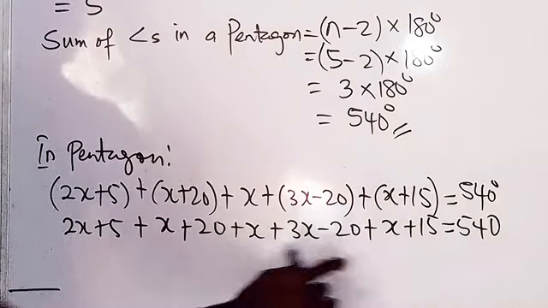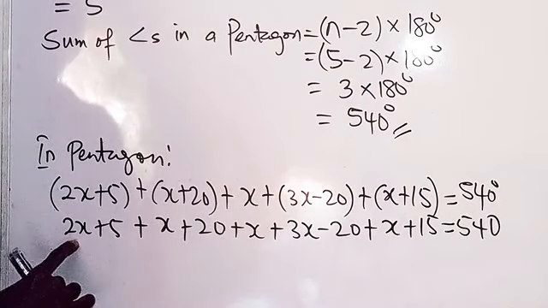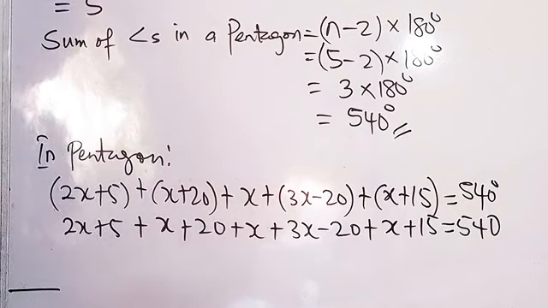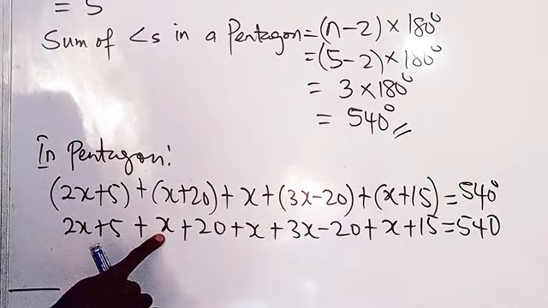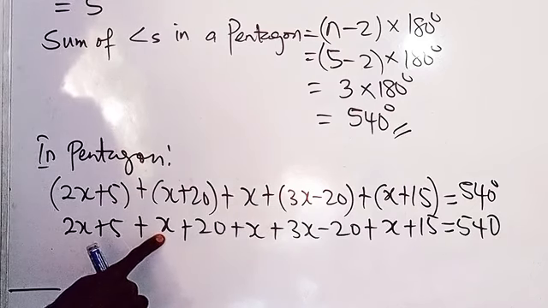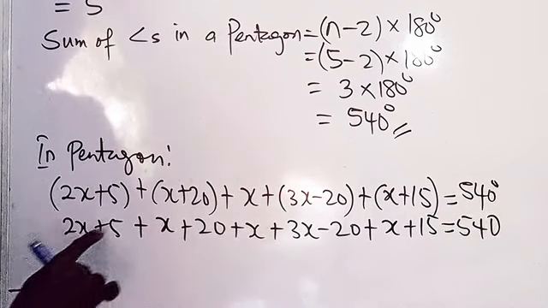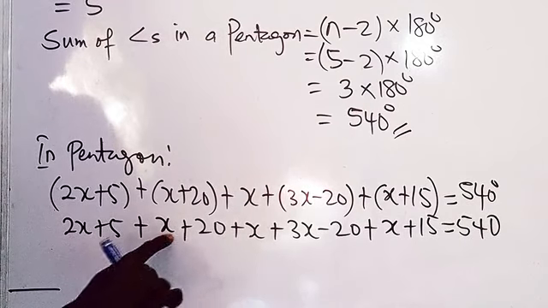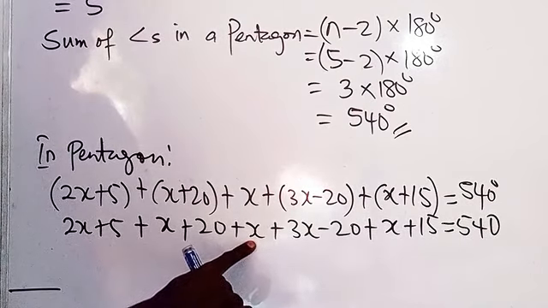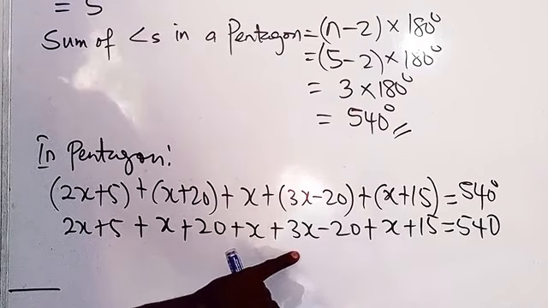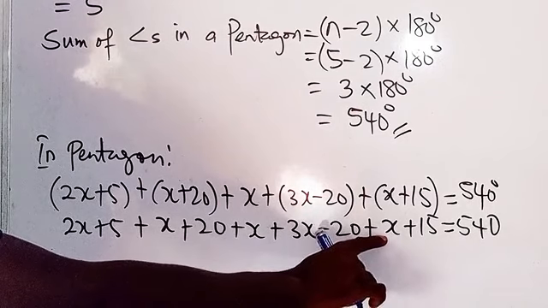Okay. Now let's try to collect the like terms. We have x there. So now everything with x, x plus x here, and then 2x plus x, we have 3x. 7x plus x, now we have 8x.